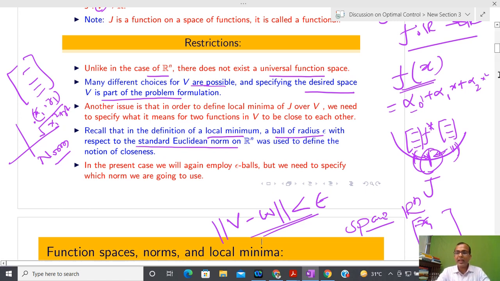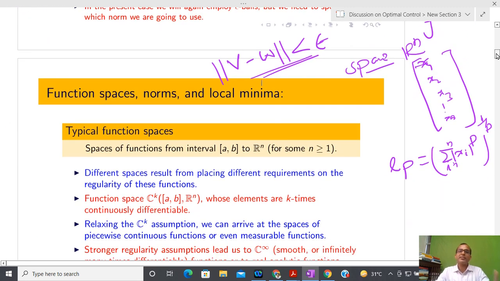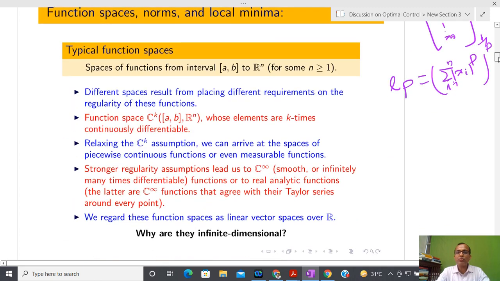You can see that I have to talk about function space, I have to talk about norm, and then talk about local minima with the help of that norm and function space, whenever we move from a finite dimensional optimization problem to an infinite dimensional one. Again, we are going to solve the optimization problem, or extremization problem, of a function.